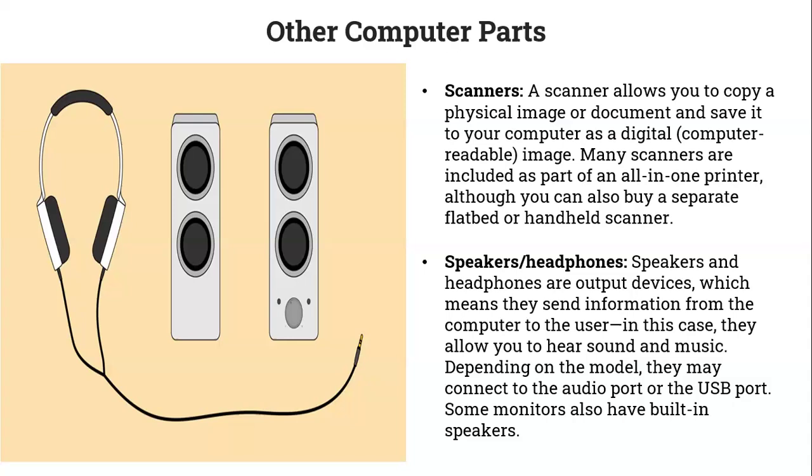Scanner is an input device. Because what are you doing? You're taking a document and putting it inside a device like a machine. And what does that machine do? It produces a digital copy of that document. So you're taking a physical document, a paper, usually an A4, you're putting it on a device, and it produces a digital copy.